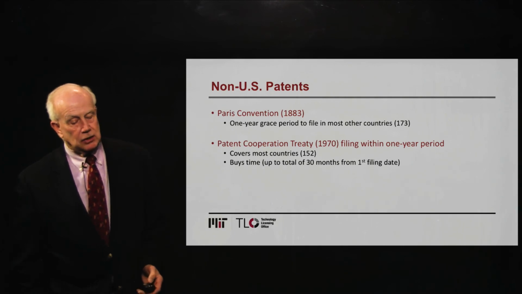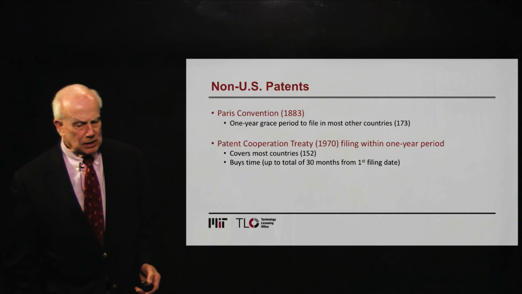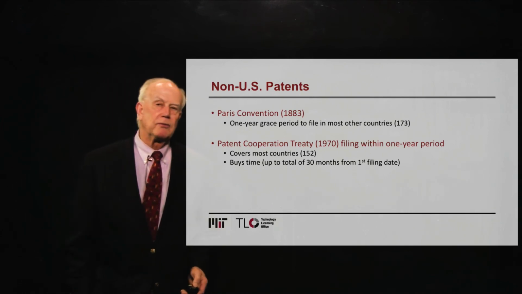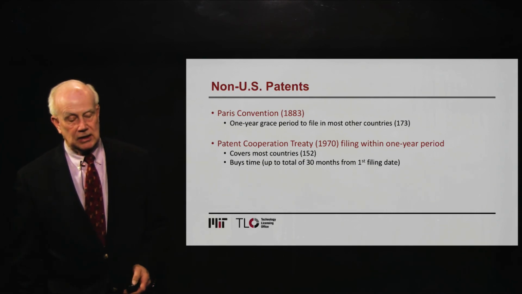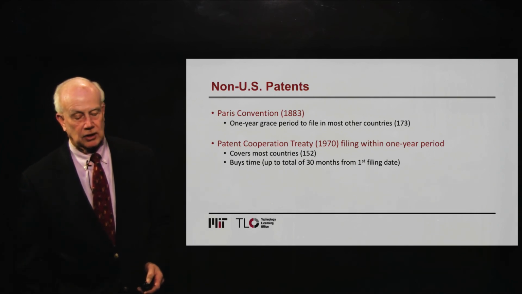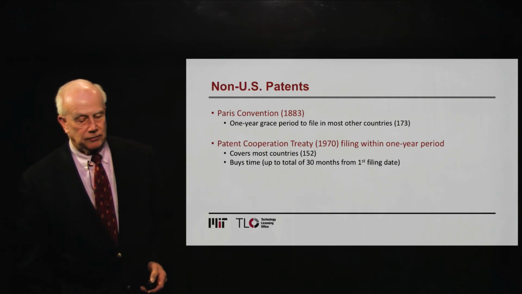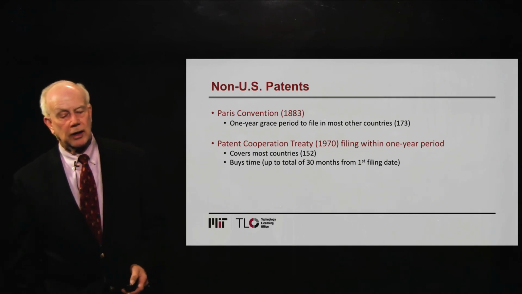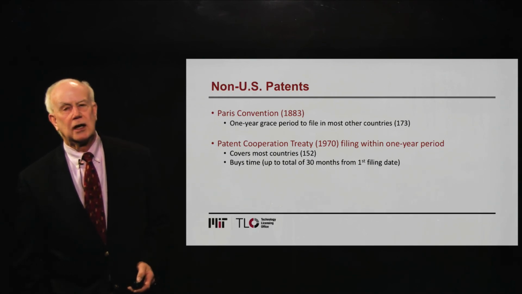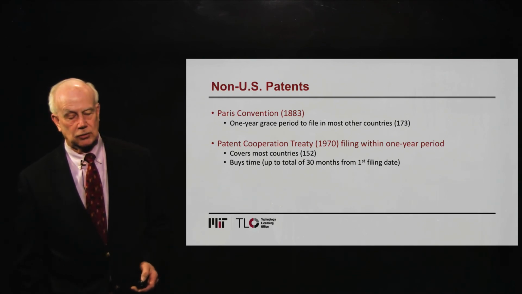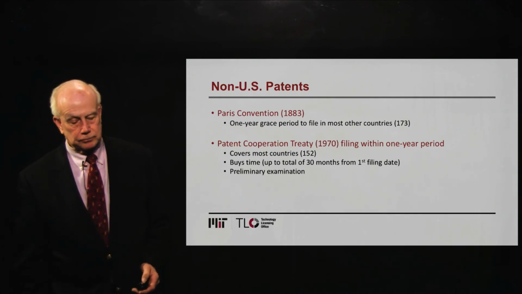The PCT, or Patent Cooperation Treaty application, buys time in that you have 30 months from the filing of the US patent application to file the PCT application in the different countries you want. We try to delay the cost of filing in countries other than the US until we have a licensee who can make a business decision as to where else in the world it makes sense to create and build a patent portfolio.